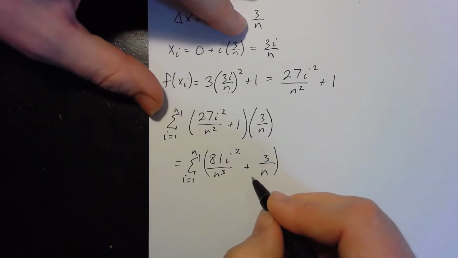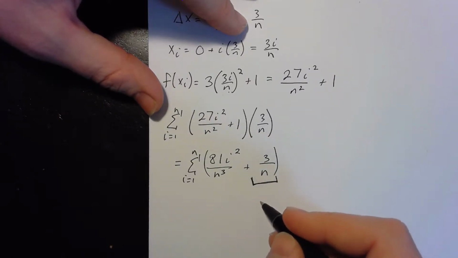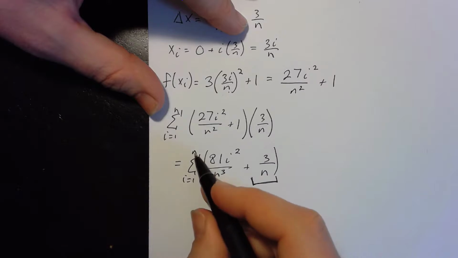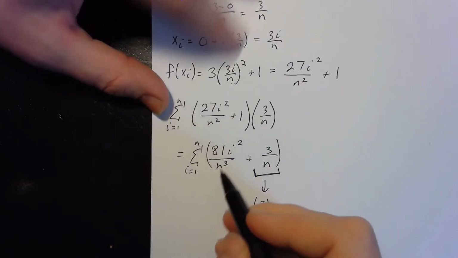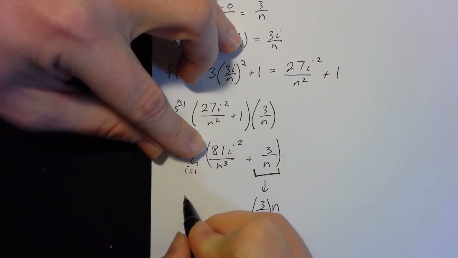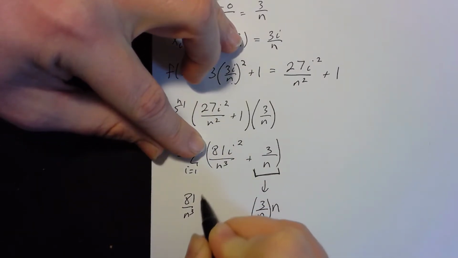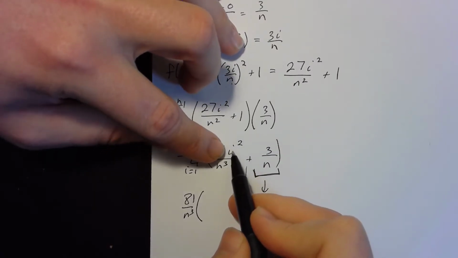So for instance, this one, the summation of a constant inside the summation such that we're going from 1 to n, is nothing more than that constant multiplied by n. This one right here is going to be that constant 81 over n cubed, times the summation of i squared.